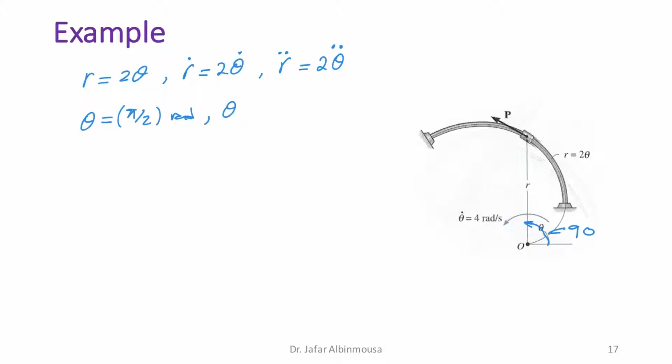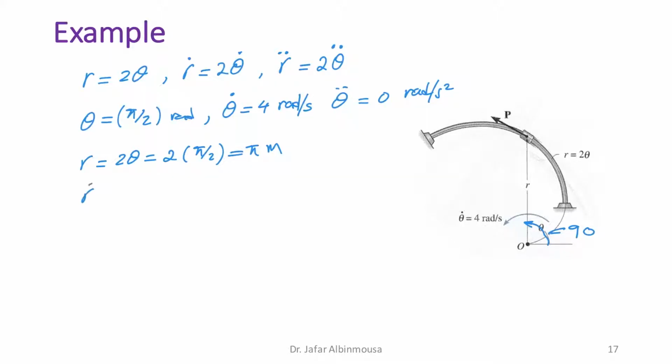Now, what is theta dot? It was also given to us as 4 radian per second. If we take the derivative of theta dot, which is 4, with respect to time, we get 0 radian per second square. Now, we can find the position r, which is equal to 2 theta, by substituting 2 multiplied by pi over 2, and we end up with pi meters.